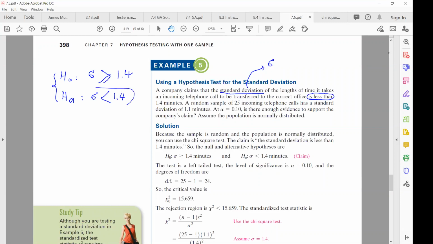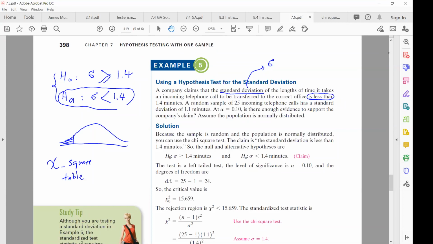It means that you have a left-tailed graph, and since you are working with standard deviation, you have to use the chi-square value. So we need the chi-square table, and we have to do a little bit of algebra.